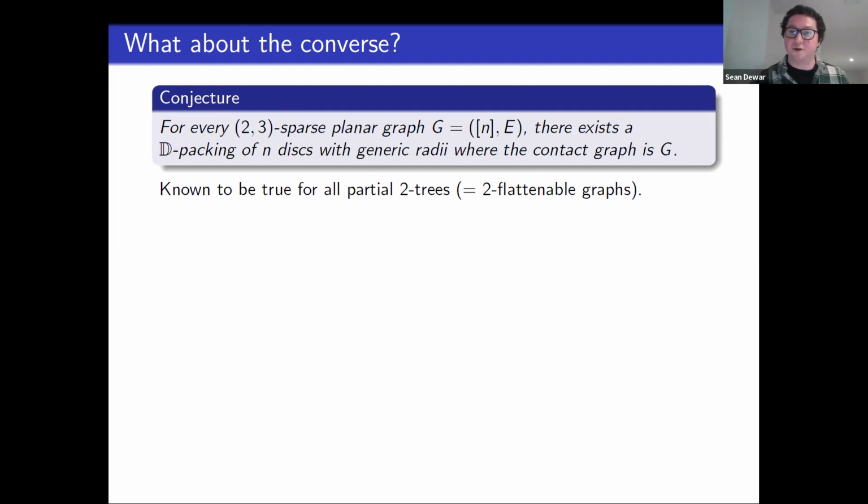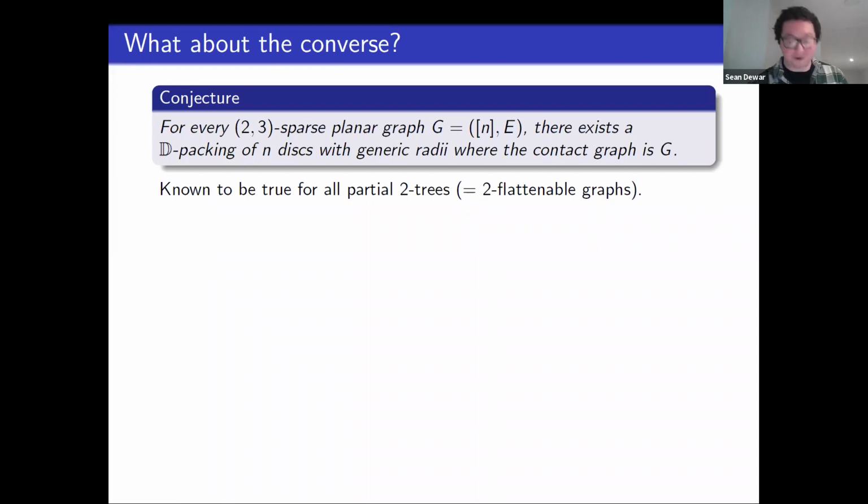So partial 2 trees are these things where, I won't go into it too much, a 2 tree is where you start with a triangle, add a vertex joined to 2 vertices that are already connected by an edge, and just carry on doing that. And then a partial 2 tree is any subgraph of that. If you have something like this, then it's very easy to prove that you can do this sort of thing. These are also equivalent to the 2-flattable graphs, but I won't go into that. But yes, this conjecture is hopefully true, but at the moment it's still open.